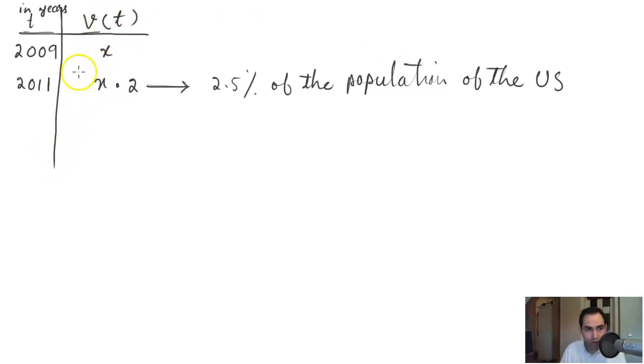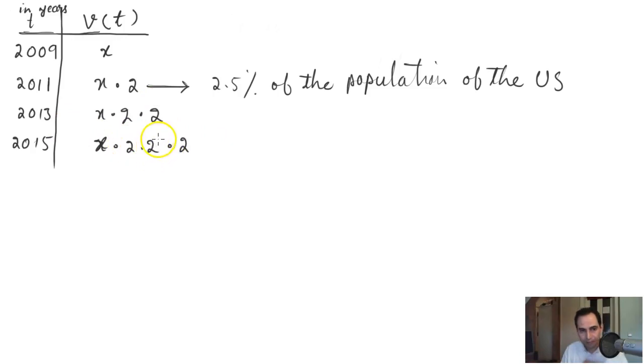So if the same rate continues, after 2 years, in 2013, this output will be doubled as well. So again doubled, so X times 2 I had here, and again times 2. And again the same thing happens after 2 years, 2015. This population is going to be doubled, so X times 2 I had here, again times 2.